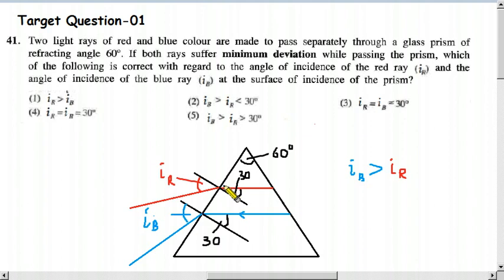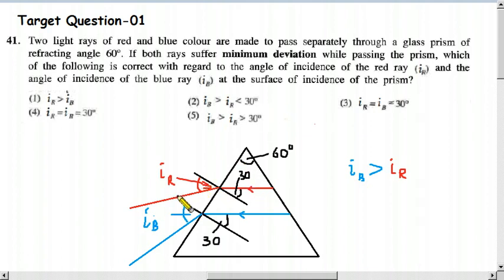And also this angle must be greater than this 30, because now we are going from a denser medium to a rarer medium, from inside to outside.